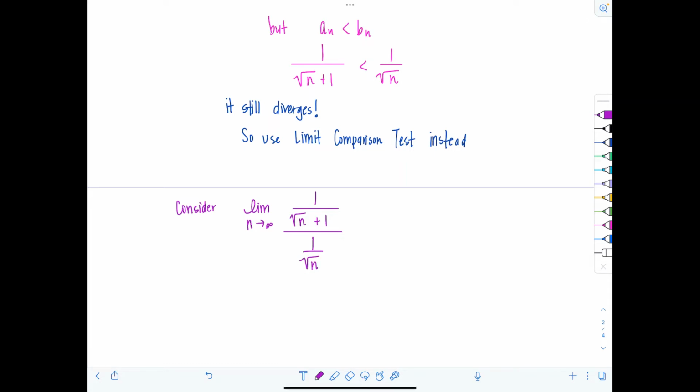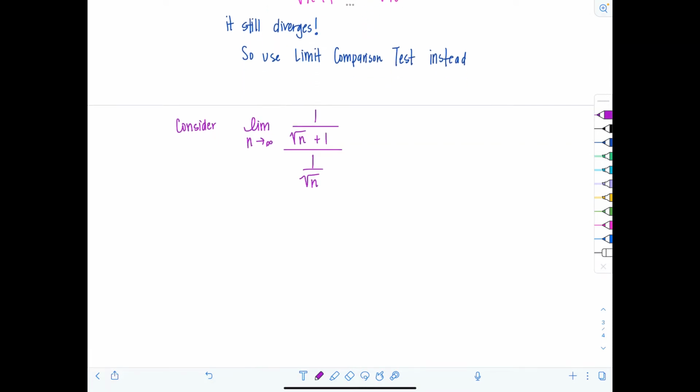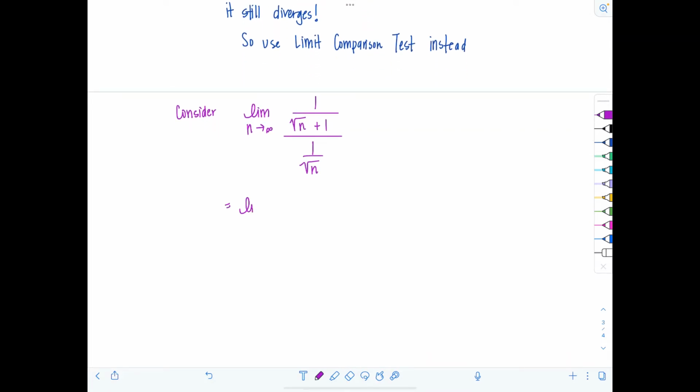All right? Good. And then if I'm dividing by 1 over rad n, that's the same as multiplying by rad n. So we have the limit as n approaches infinity of rad n over rad n plus 1. I want to divide by the highest power of n in the denominator, same as multiplying by 1 over rad n.